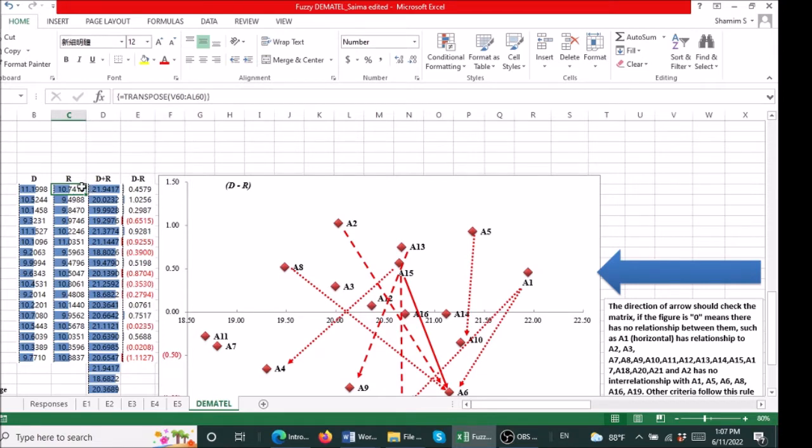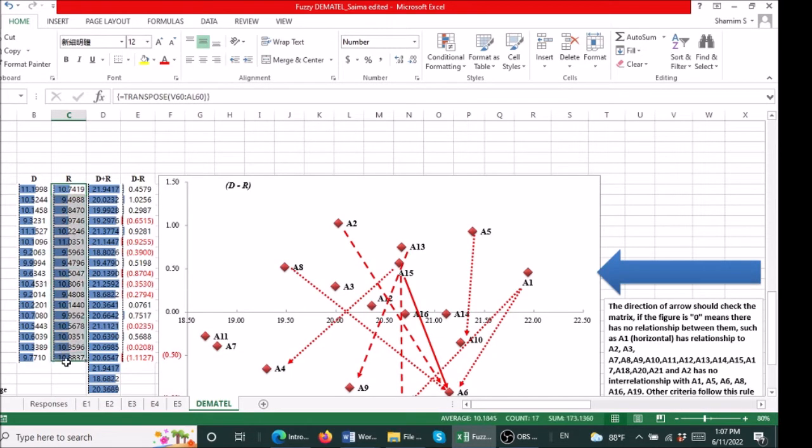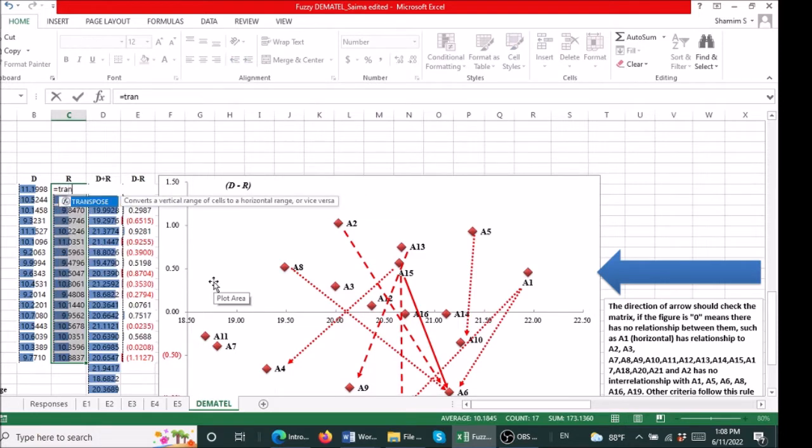But still, transposing is not easy. The whole column, for example, how to transpose this one. So what you have to do, you have to select the total cells from where you want to transpose, then put an equal sign, then transpose.